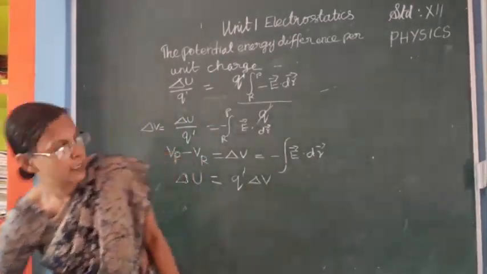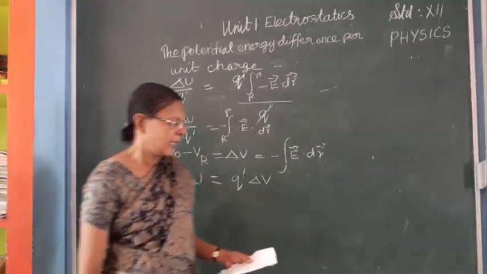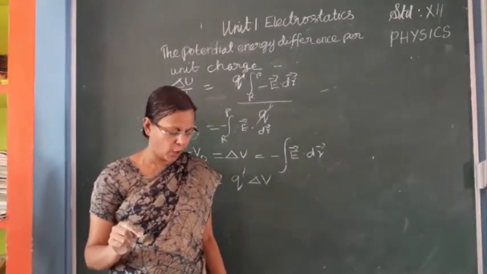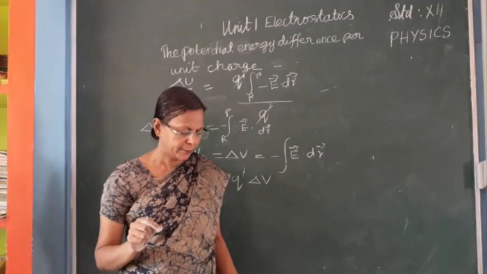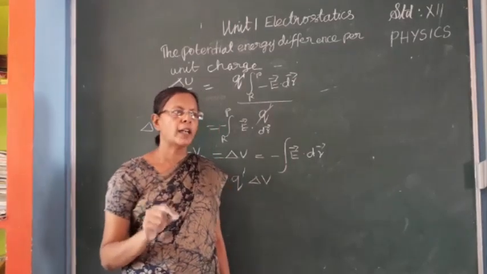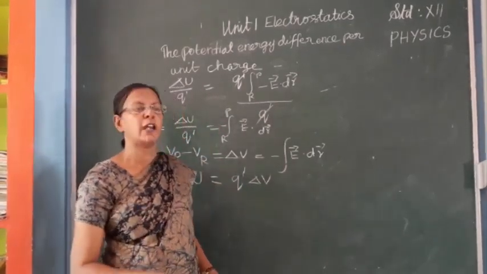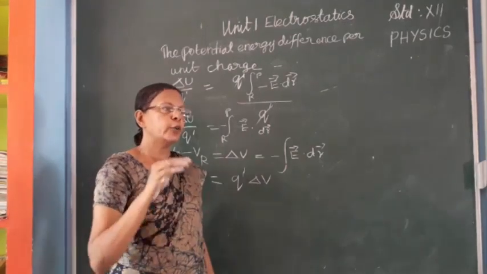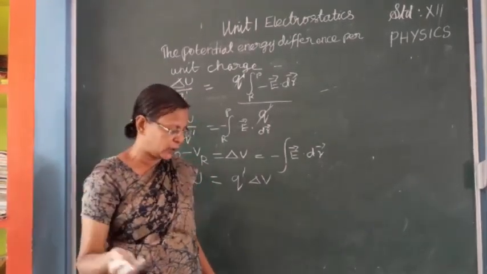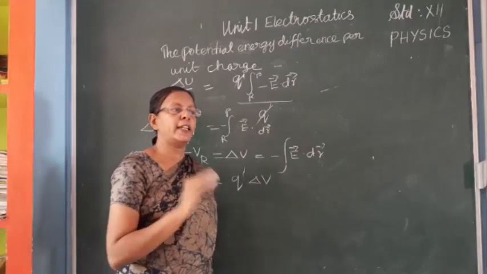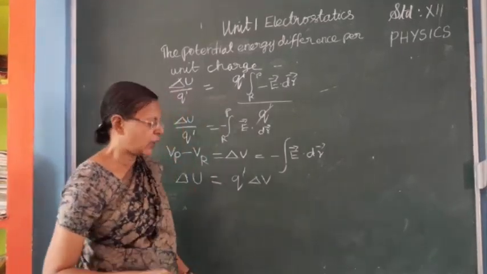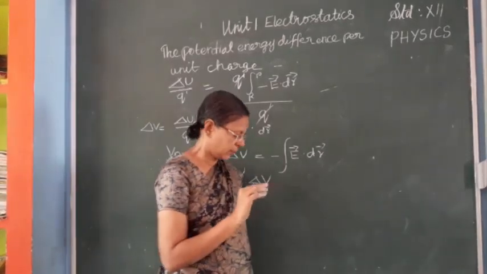What is electric potential? The electric potential at a point P is equal to the work done by an external force to bring the unit charge from infinity to that particular point in the region of the electric field.